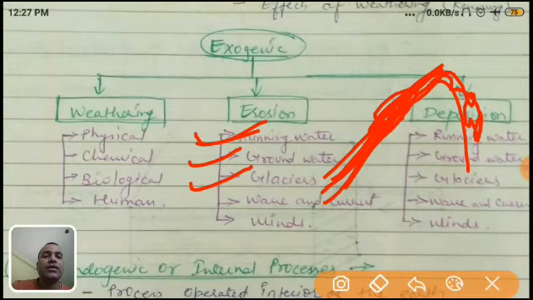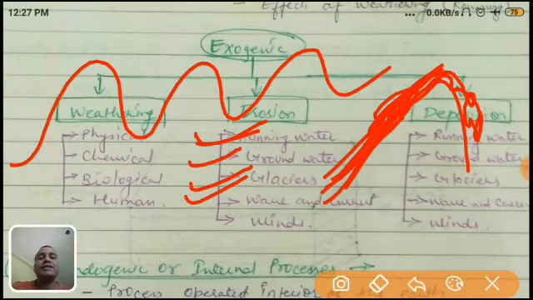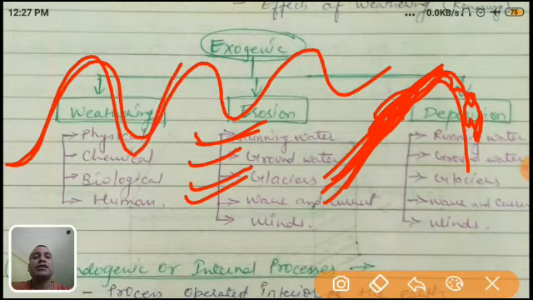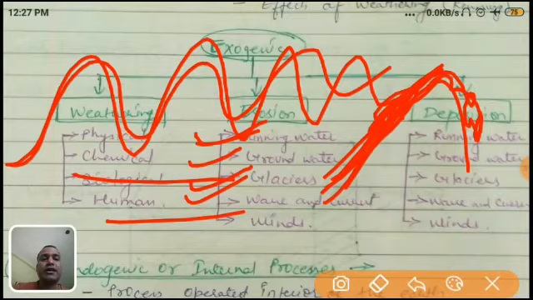Next one is waves and currents. You have seen the different waves in the water body, and the current. There's a basic difference between waves and current. Waves have upliftment, and the current is flowing water in the ocean. This current is not your electric current; it is the flowing of water in the ocean, called the current.